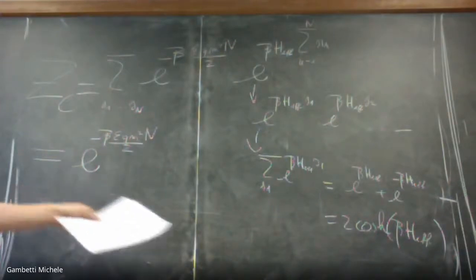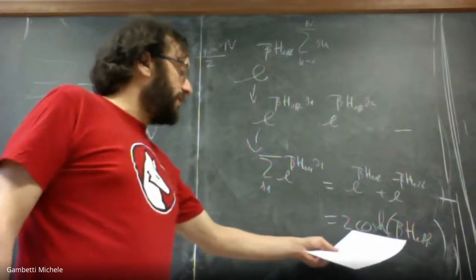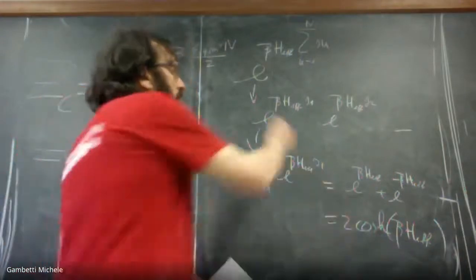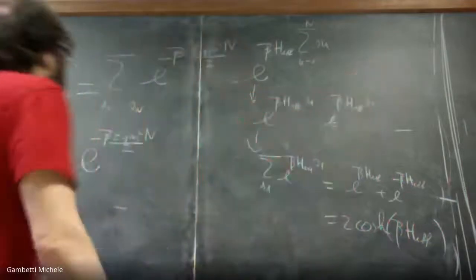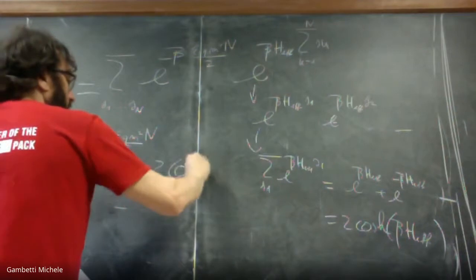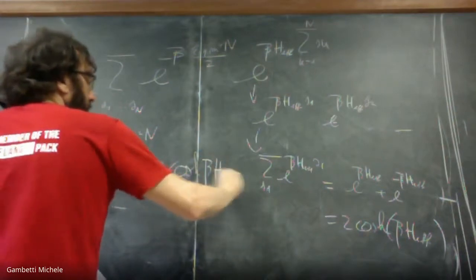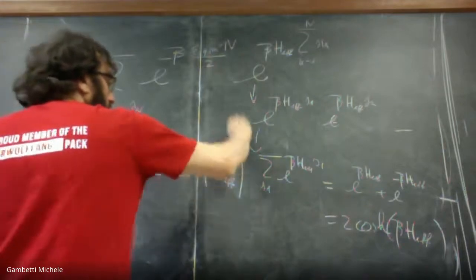So at the end, I will get a factor of 2 hyperbolic cosine of beta h effective to the power of n, because I have n of these terms.